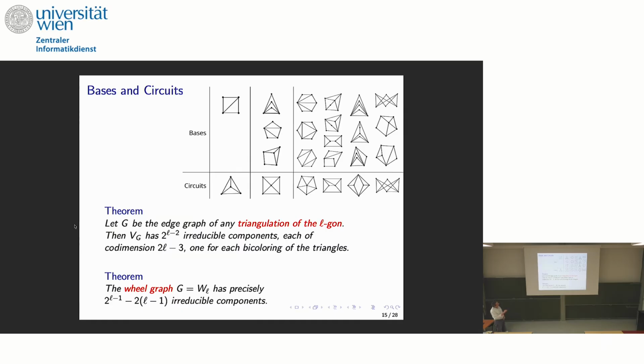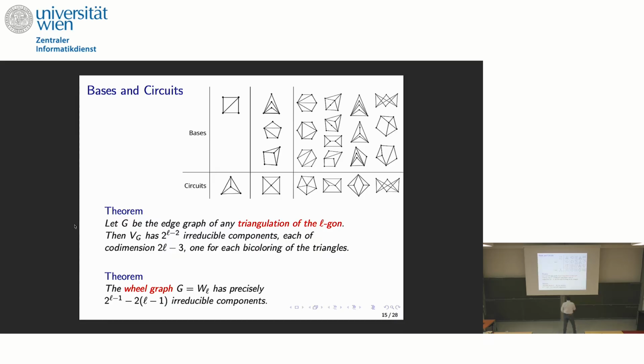Okay, so let's talk about the triangulations of the n-gon. So here they are, and that's our graph. Well then, V_G has 2 to the L minus 2 irreducible components, each of the correct codimension, one for each bicoloring of the triangles, and this is the rank of the Laman matroid. And this is the independent discovery, let's say, of bicolorings of the triangulations of the n-gon that one might look at for other reasons.